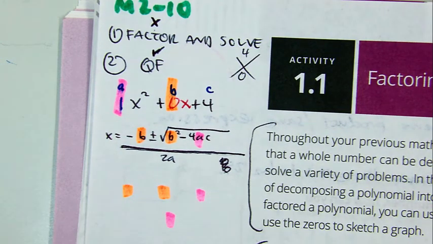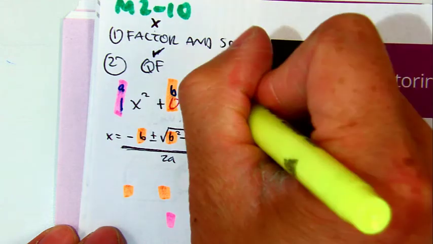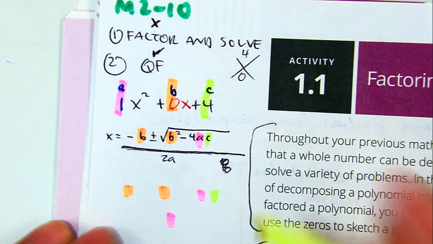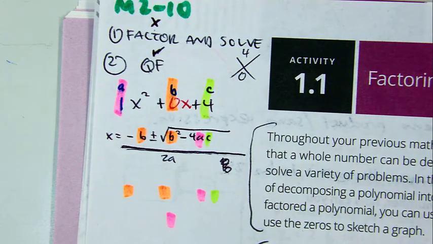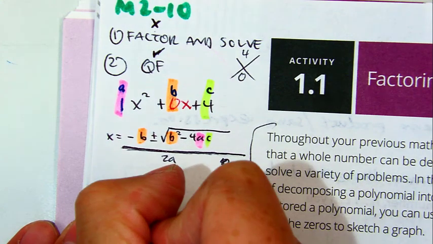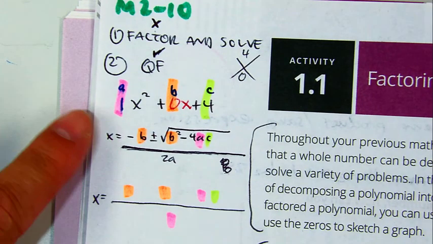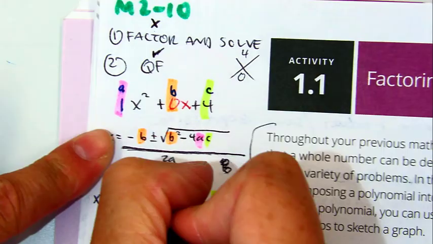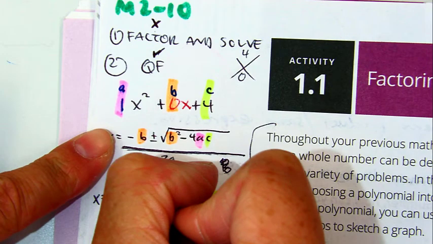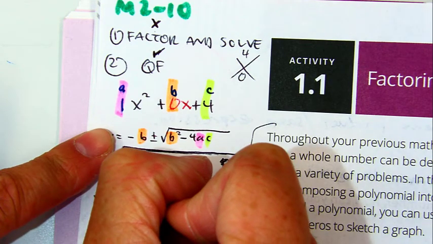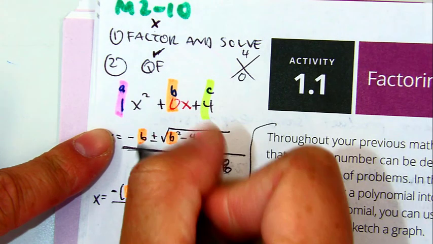And every c value, you're going to write 4. Let's do that substitution. Remember, you have to have that minus sign there. Remember, you're always doing the substitutions with parentheses.